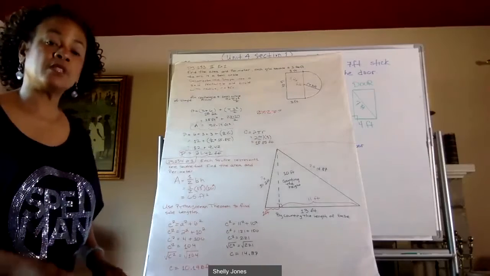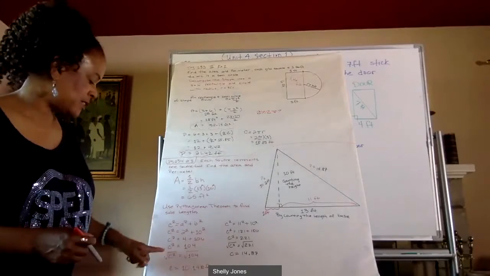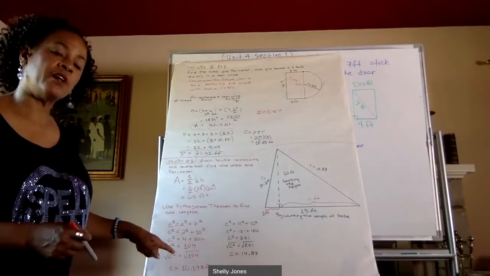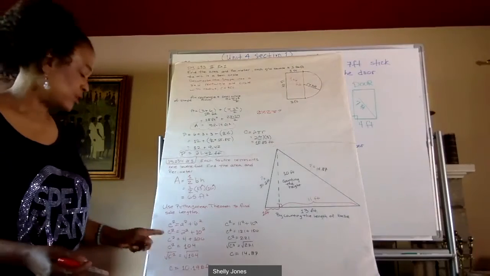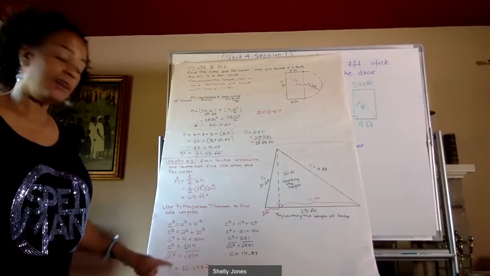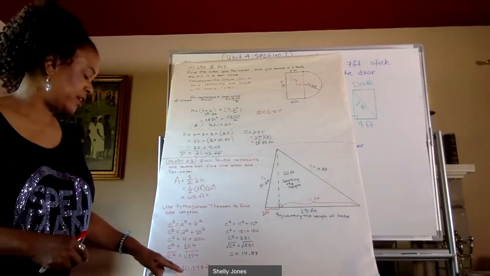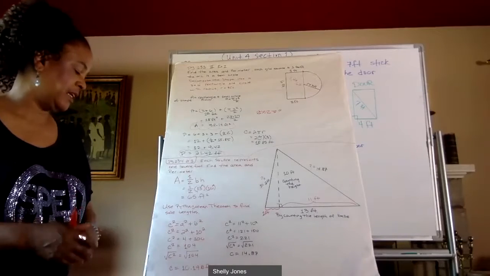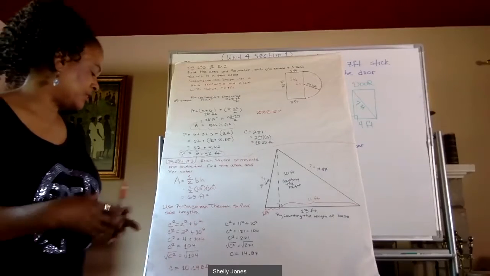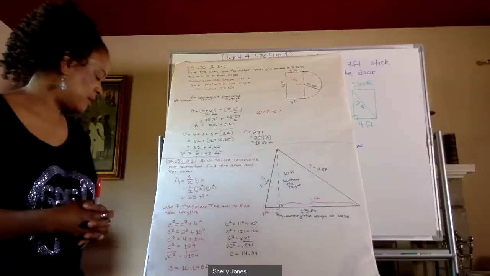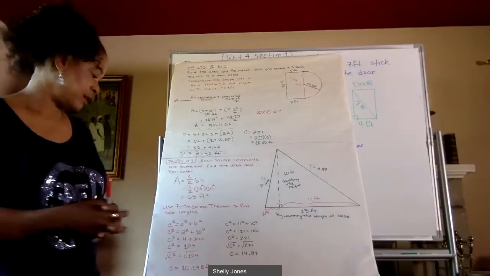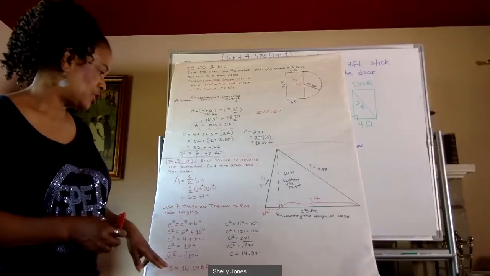But if I take the square root of both sides, the square root of c squared is going to be c. So the square root of c squared is c, and the square root of 104, I did it on my calculator, and it's 10.198 feet. If I were to round that to the nearest tenth, I would have 10.2 feet.